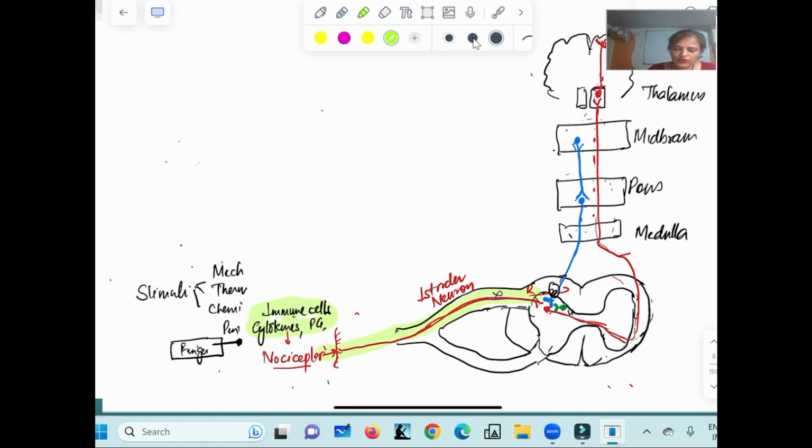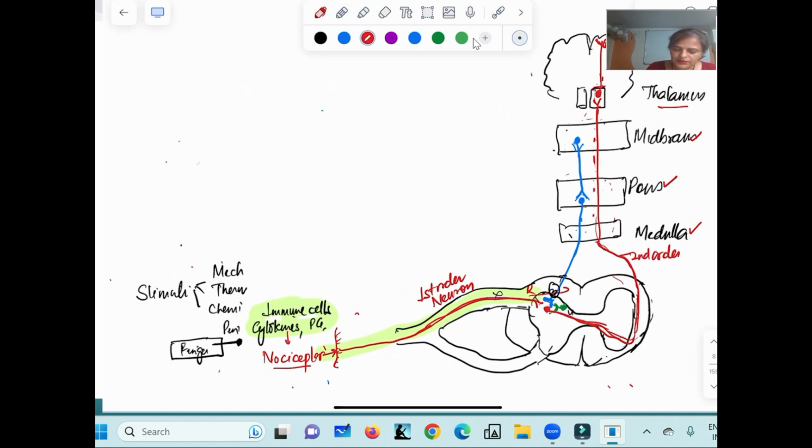From here, the second order neuron that is going to start, and this is going to cross this from the dorsal towards the ventral, and then what will happen? It is going to go from the spinal cord to the supraspinal region, which is going to include the medulla, pons, midbrain, and ultimately this second order neuron will be relayed where?